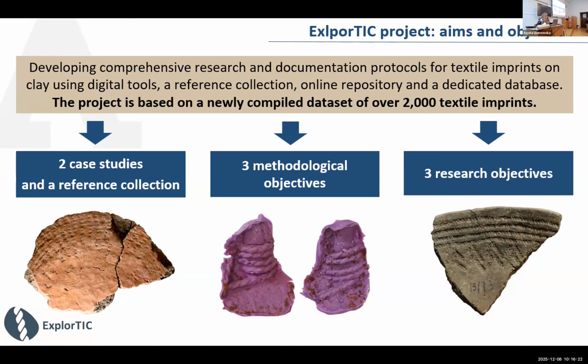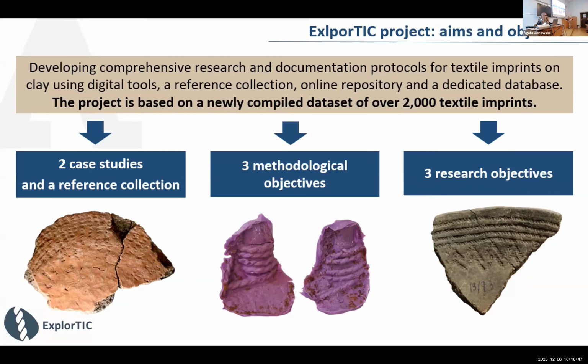So the main aim of the ExplorTIC project is to develop comprehensive research and documentation protocols for textile imprints on clay using digital tools, a reference collection, online repository, and dedicated databases. The project is based on a newly compiled data set.